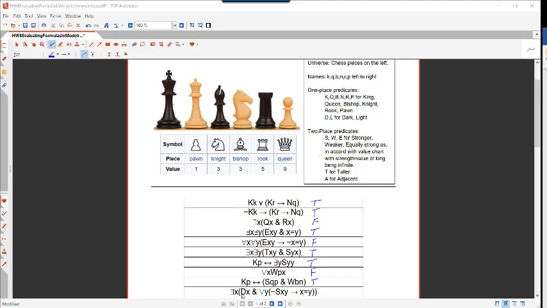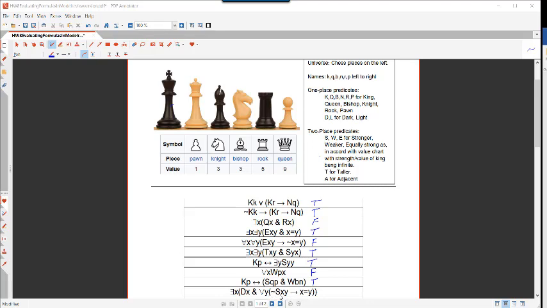So there exists an x such that x is dark, namely the king, and for all y, if it's not the case that x is stronger than y, the only thing that satisfies that condition is the king itself, then x is identical to y. So with the king, the only thing that makes the antecedent condition true is the king itself, entailing that the consequent is true as well.